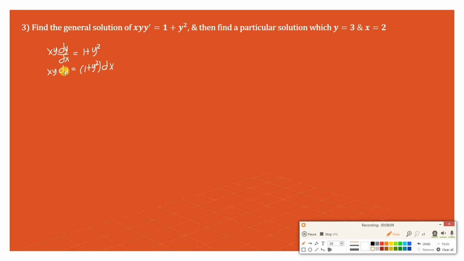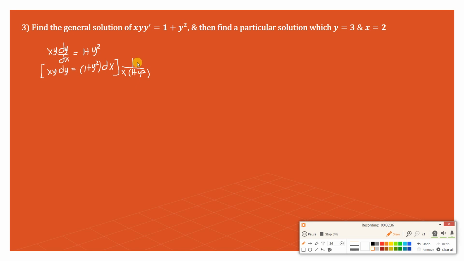So, sa left, si dy, kailangan y lang matitira. Sa right, dx, kaya dapat si x lang matitira. So, we need to remove x on the left, kaya i-divide ko si x. We need to remove 1 plus y squared, kaya i-divide ko ng 1 plus y squared.